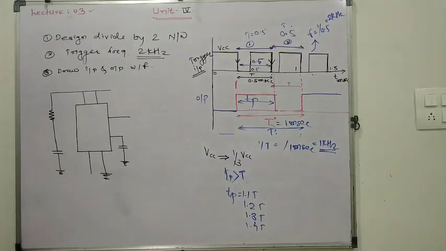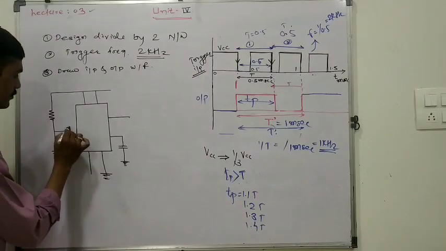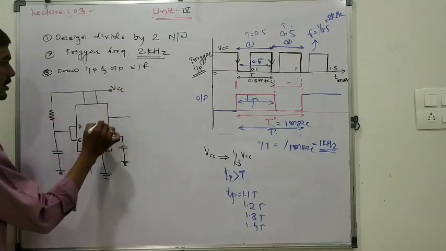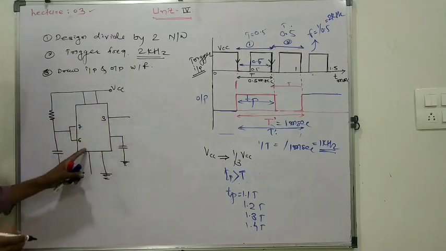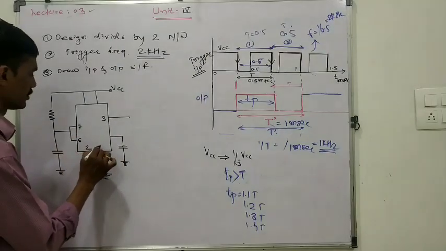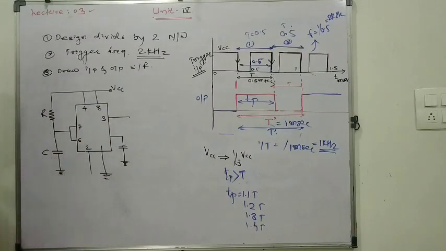So this is the capacitor. It is connected in between pins 6 and 7. This is VCC. This is pin 3, then pins 2, 4, 8. This is R. This is the capacitor.